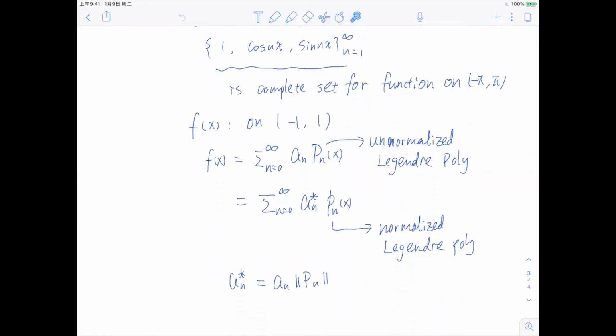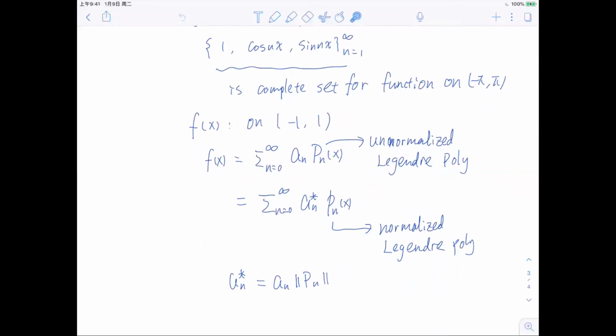And in this section, the textbook introduced a theorem, given without proof, that any function f(x) defined on minus 1 to 1 can be expanded as a Legendre series.